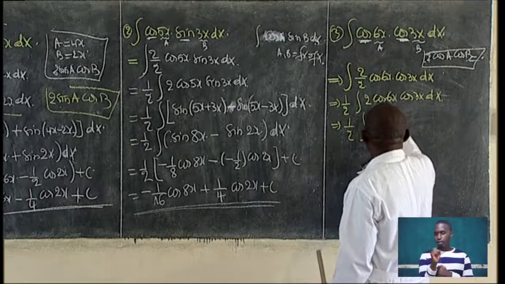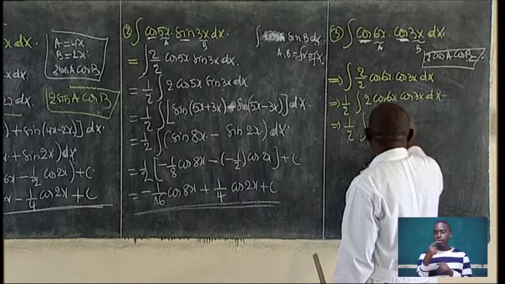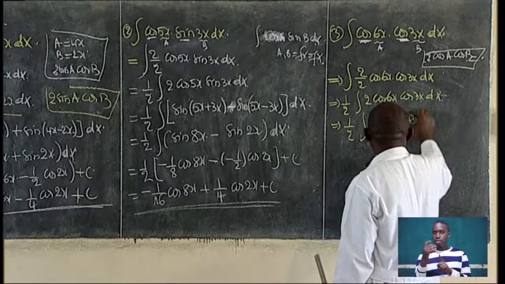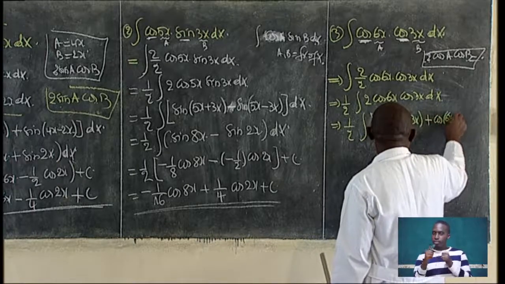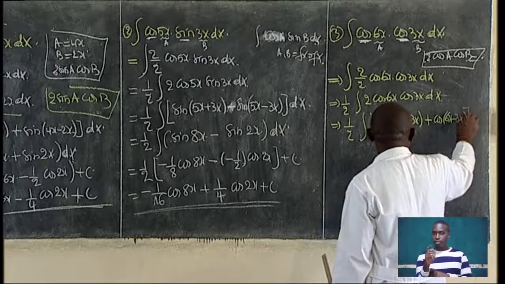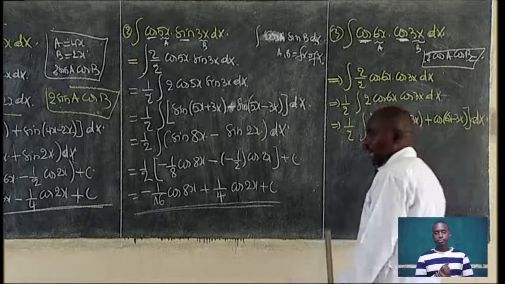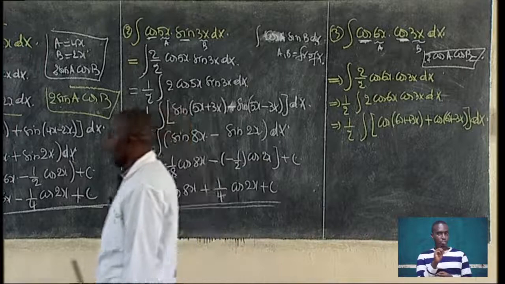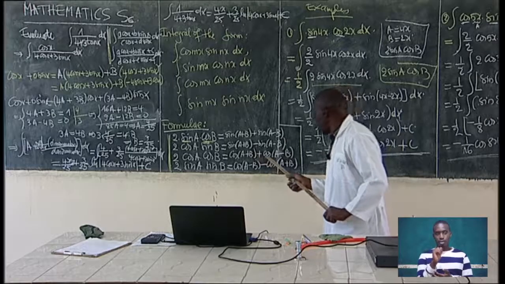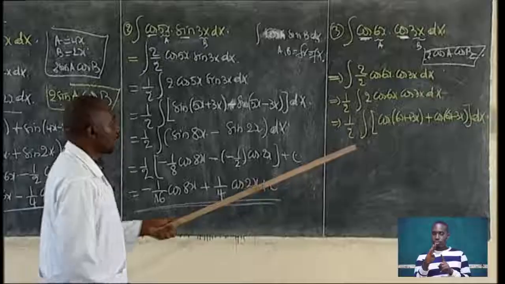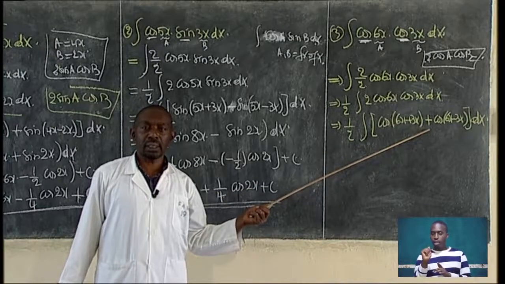Cosine A plus B, that is 6x plus 3x, plus cosine of 6x minus 3x, dx. Check if the formula is correct. Cosine of A plus B plus cosine of A minus B. It is what you have there, isn't it?